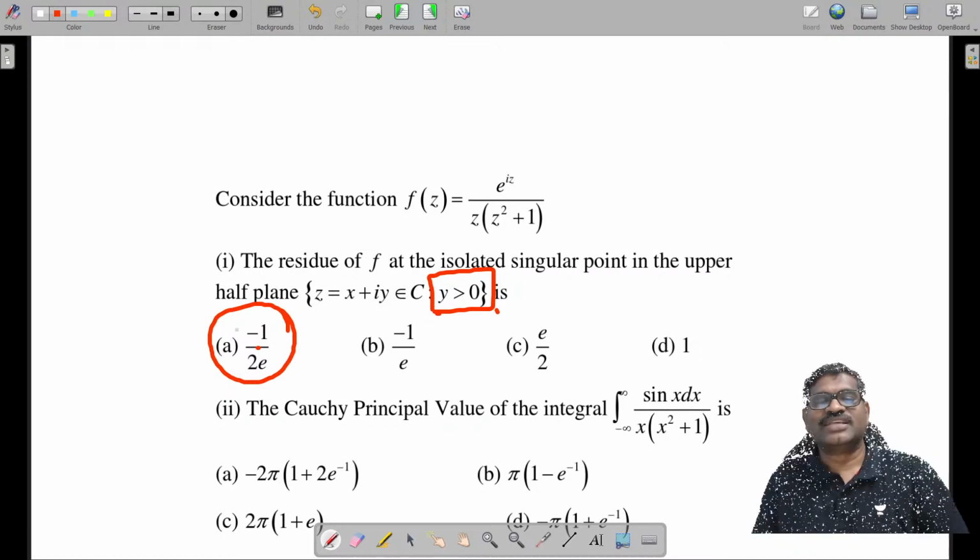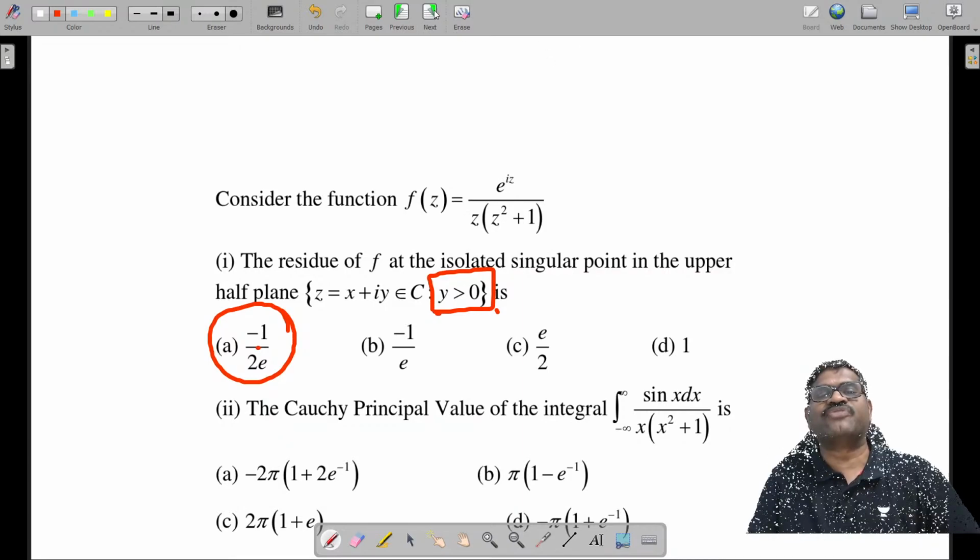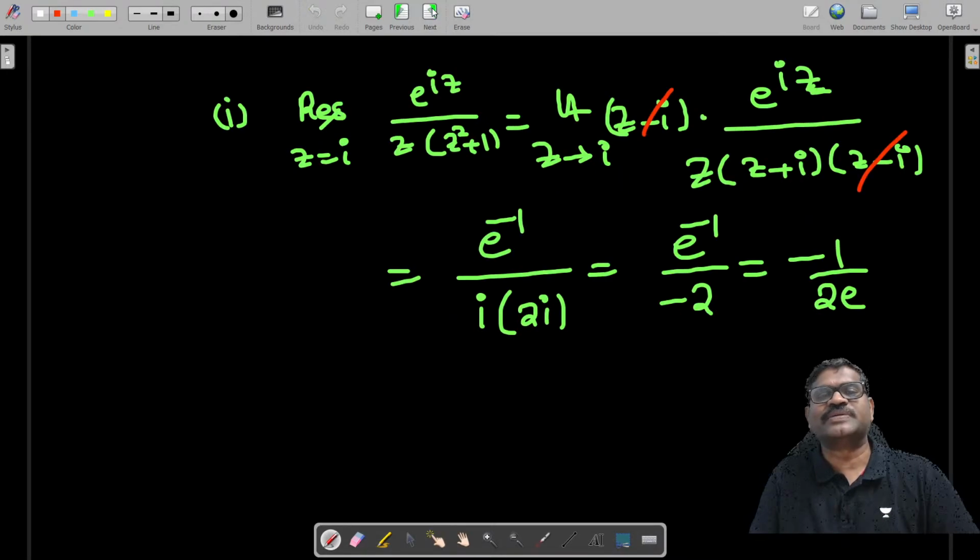Next one, sir, what is the value of the integral from minus infinity to infinity of sin x dx by x into (x square plus 1)? Second question.